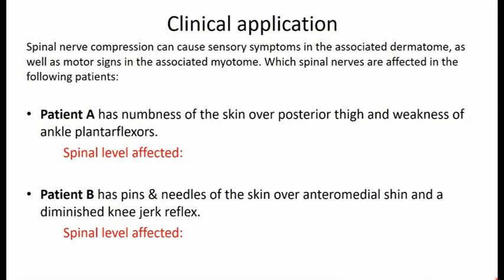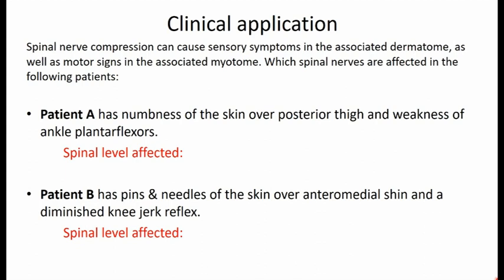So let's now put this information about dermatomes and myotomes into context. Let's imagine a scenario involving a spinal nerve compression. So perhaps someone's had a prolapsed intervertebral disc in the lumbar or the sacral region. And this prolapsed disc is compressing a spinal nerve.